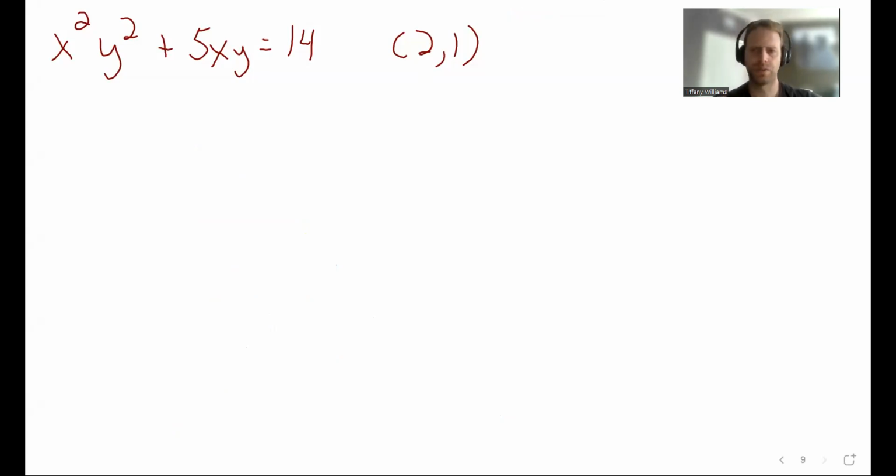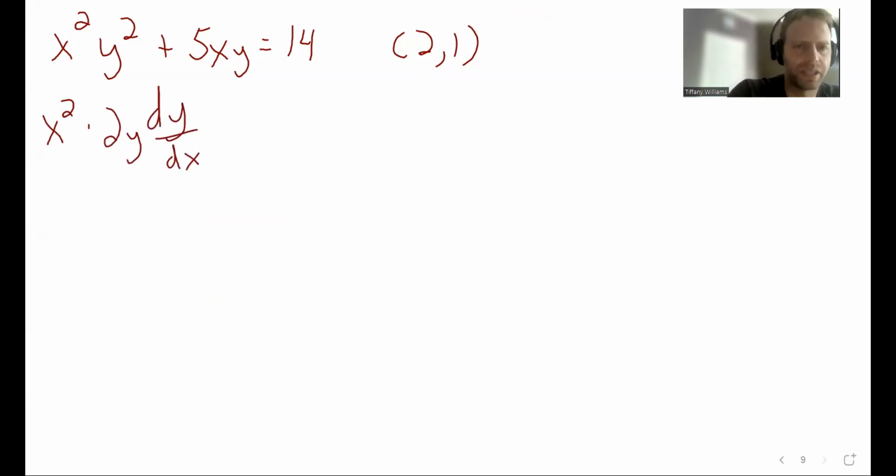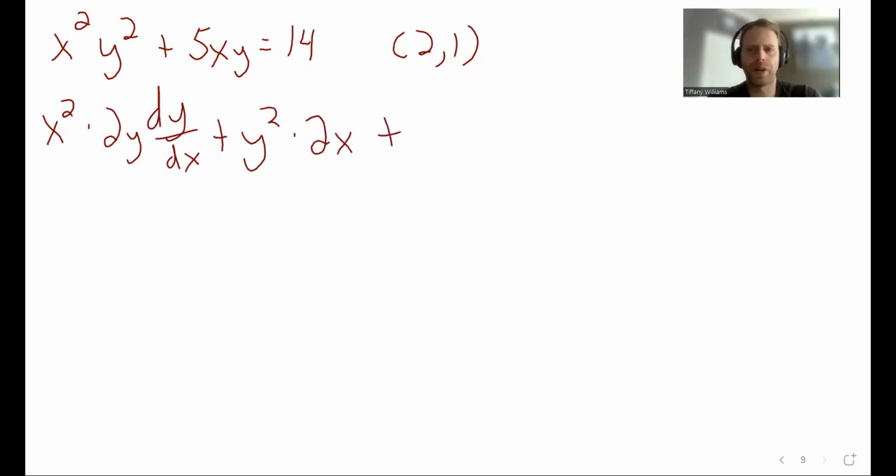x squared y squared is going to require a product rule. So I'm going to leave that first one alone, x squared, and then derivative of y squared is going to be 2y times dy dx, plus the second times the derivative of the first, which is going to be 2x. Then we go 5xy, that's another product rule.